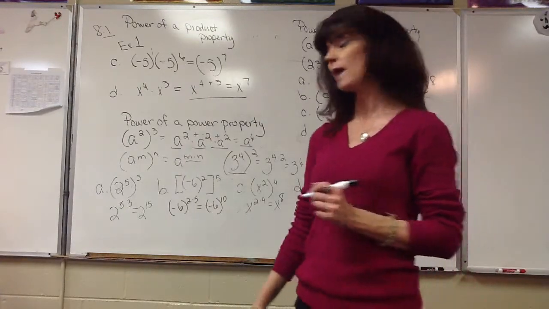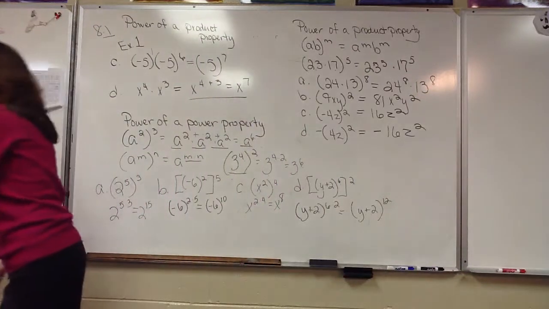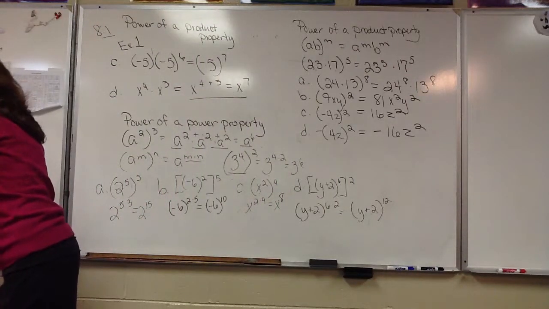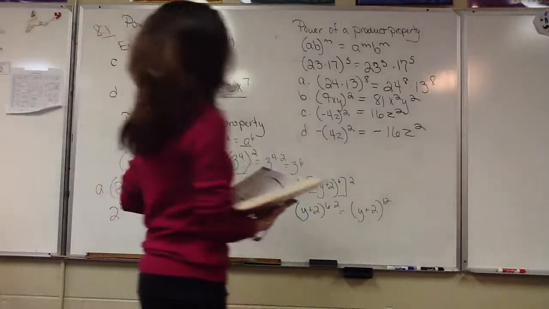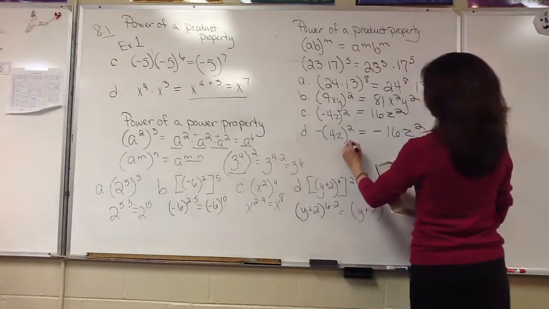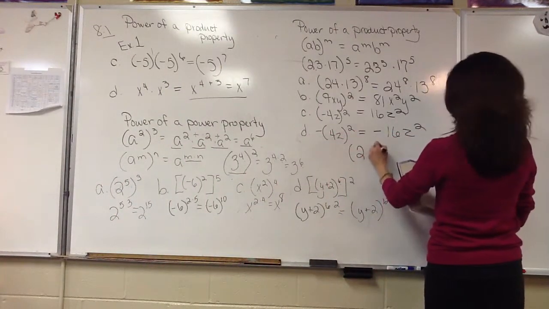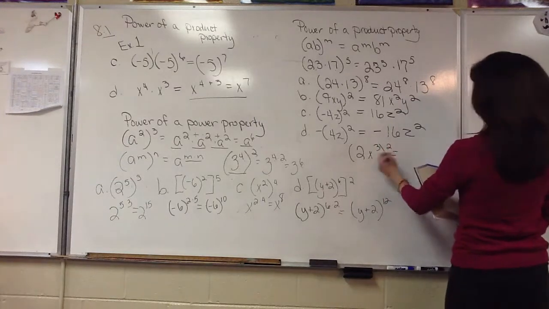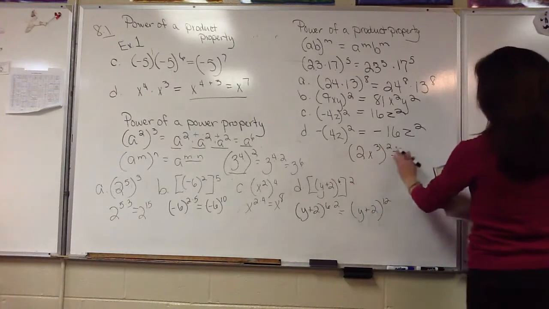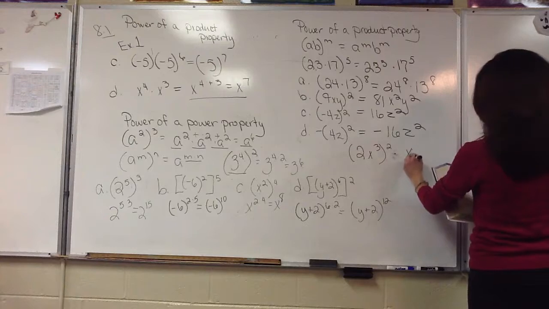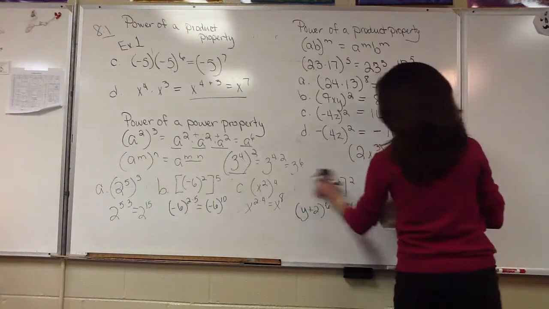Now the last problem that I want to call your attention to is actually example 4. Let's take a look at that one. Here we have 2x to the 3rd squared, and then it's times x to the 4th. So let's work that one out.